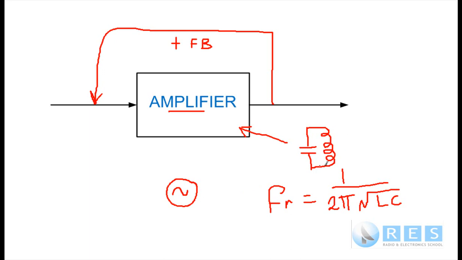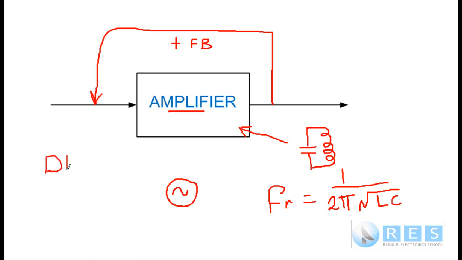The problem with LC tuned circuits is that because they're mechanical, because the inductor's made of wire and the capacitor's made of plates, they're exposed to temperature change and expansion and contraction of the materials making up the inductor and the capacitor. Such an oscillator that uses an LC circuit may drift.